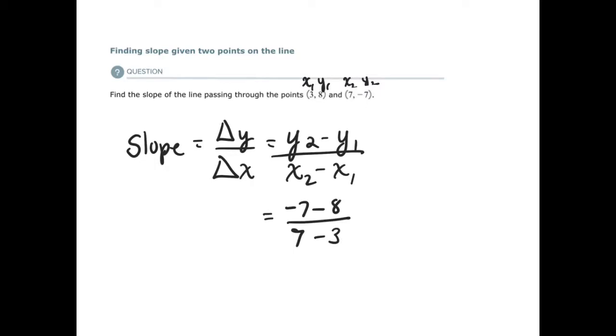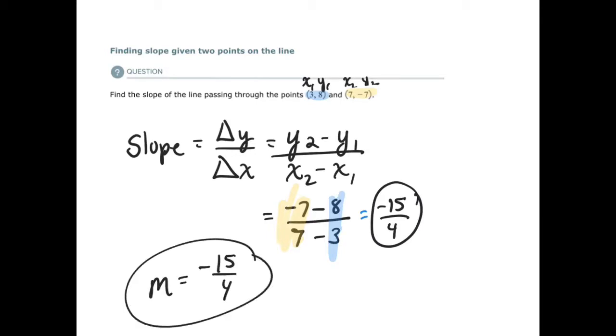So basically, this coordinate should line up as the first 2 numbers you use, and this coordinate should line up as the second ones you're using. Okay, and it's minus because you're finding the difference. So this is going to be -15 over 4. So your slope is -15 fourths.